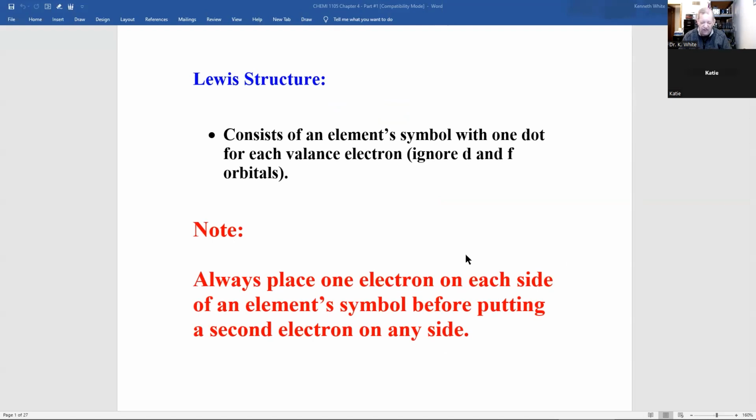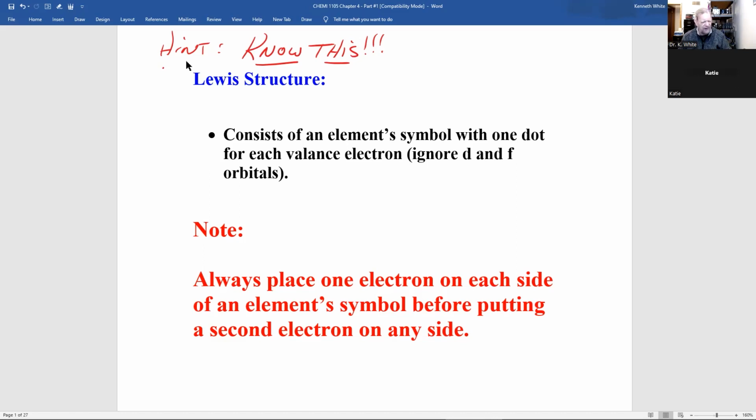And hint, you should know this. I'll never ask you what is the Lewis structure, but I will ask you to know how to do one. And it's named after Dr.